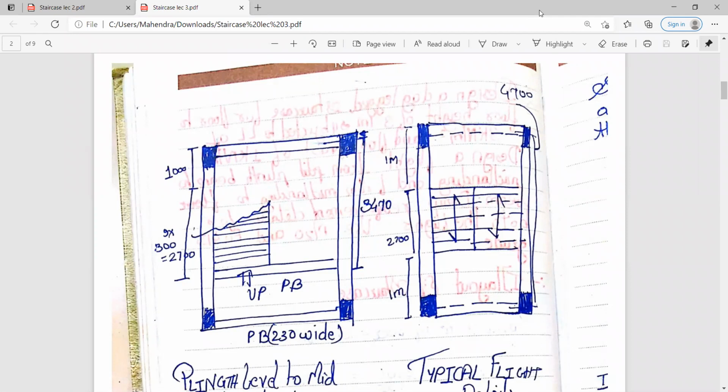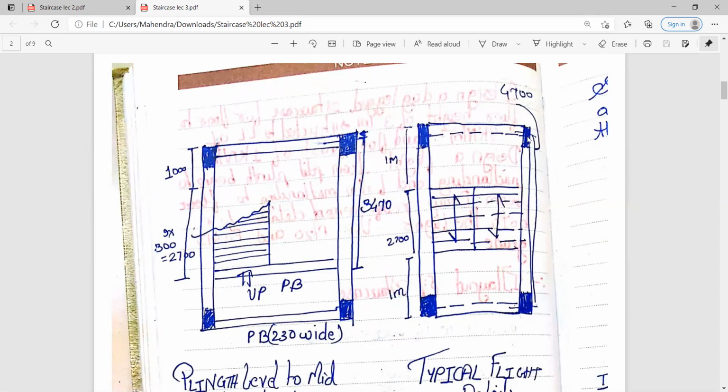So landing or mid landing का distance is 1 meter that we had assumed earlier. Now you need to calculate the L effective for this one. So how you are going to calculate L effective? That will be 2700. यहाँ से लेके center तक का distance, यहाँ तक का distance will be your L effective.